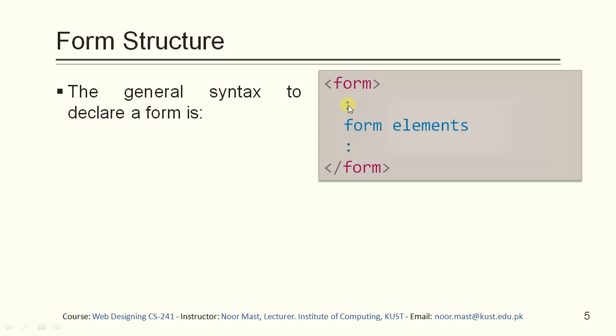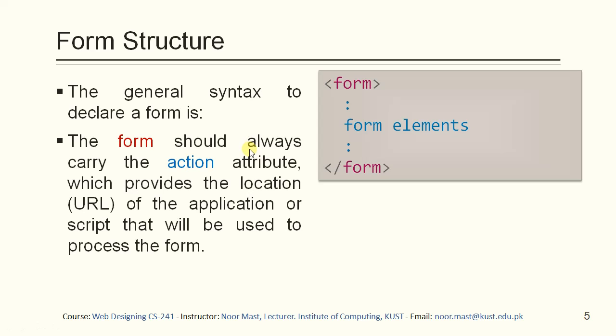While form controls or form elements will be here. One more thing to be noted: the form always carries an action attribute. The action attribute specifies the location of the application or the script that will be used to process the form.